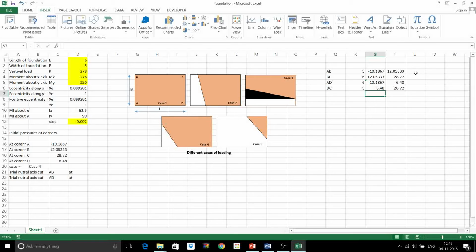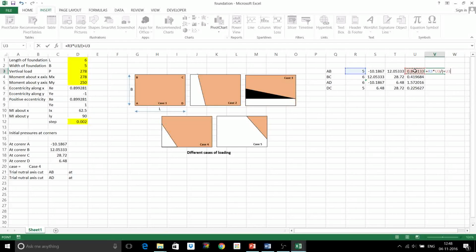Now find out point of intersection is equal to, first I will find out ratio. This is the ratio. I'm just applying here the properties of similar triangles. So this into this divided by 1 plus ratio. 1 plus.